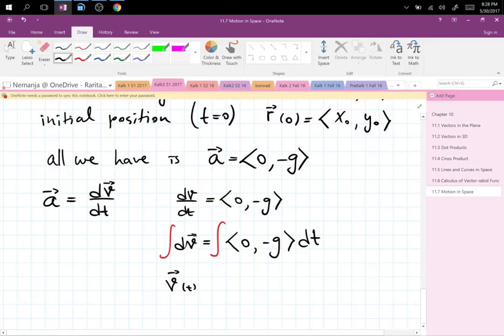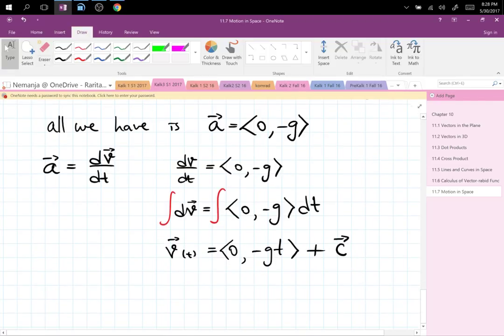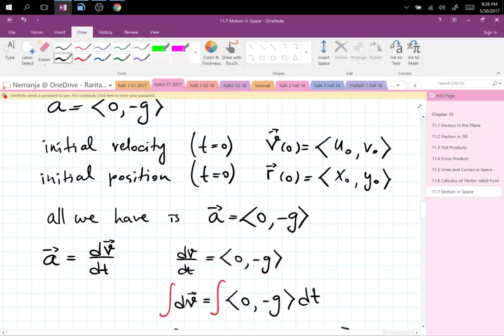On the other side, when we integrate, what do we get? We get 0, comma, negative gt plus some constant, and that constant is going to be a vector because we need one for x component, one for y component. So velocity now becomes, remember that it's going to be plus c0, but we have the initial condition here that says this, sorry, for velocity is one above.